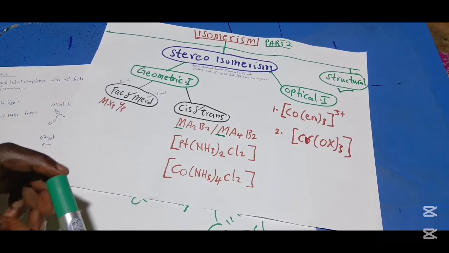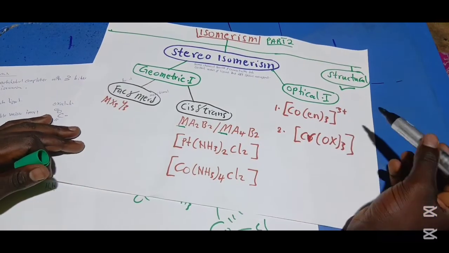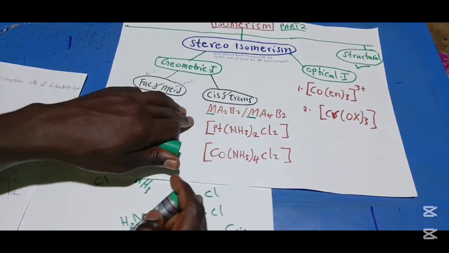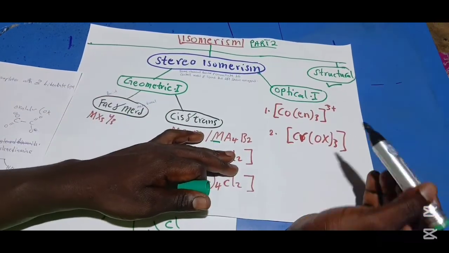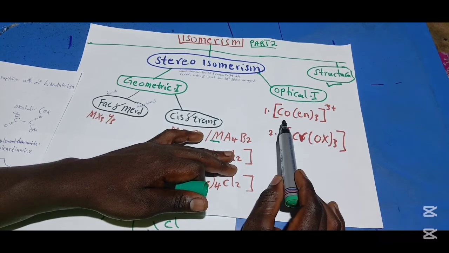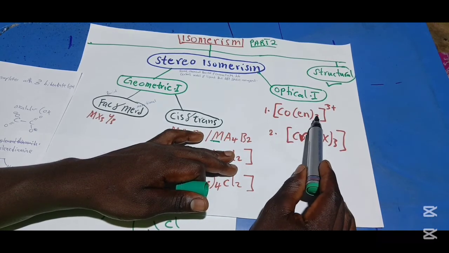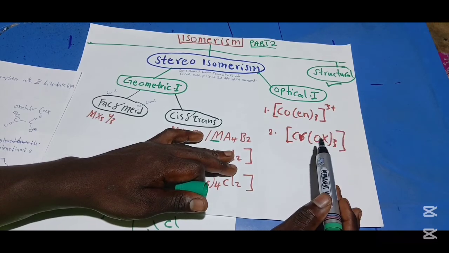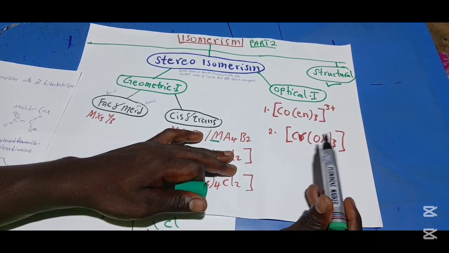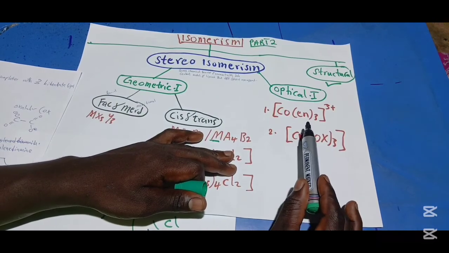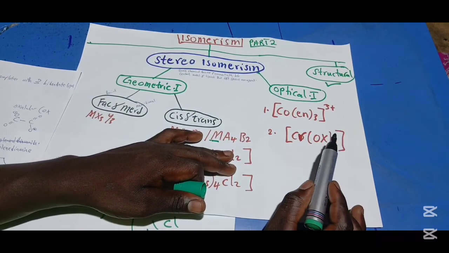So now let's look at the optical isomers. For the optical isomers, I don't know how to explain this to you, but let me try my best. Anytime you see a complex in which we have a bidentate ligand or three bidentate ligands, then that complex is exhibiting optical isomers. These isomers are non-superimposable.